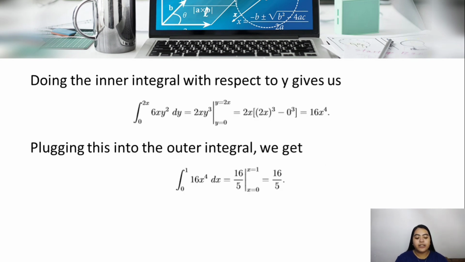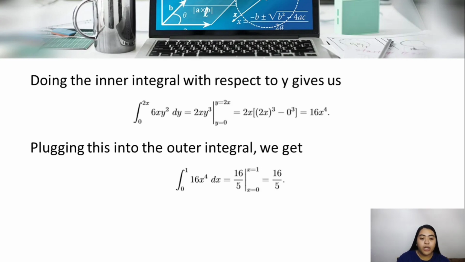Doing the inner integral with respect to y gives us the integral from 0 to 2x of 6xy squared dy equals 2xy cubed evaluated from 0 to 2x, equals 2x times (2x cubed minus 0 cubed), equals 16x to the fourth.